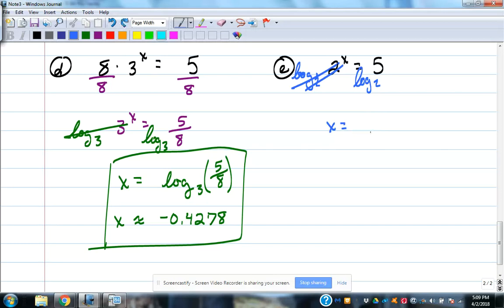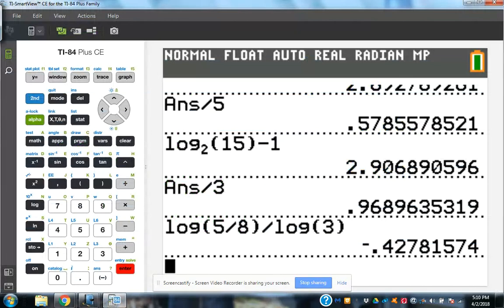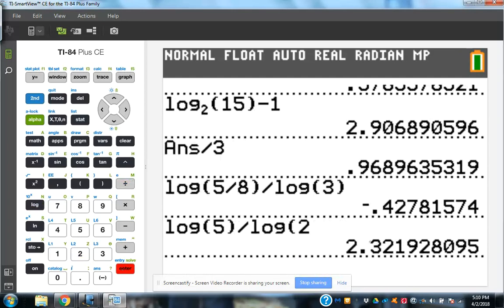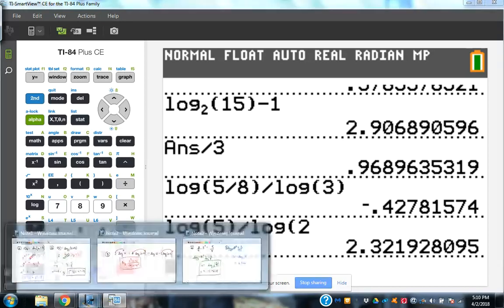It's just log base 2 of 5, which is, go 4 decimal places. How about I just do it? Log of 5. 2.3220.